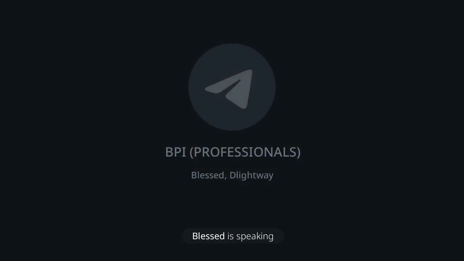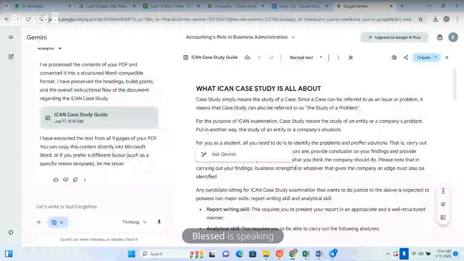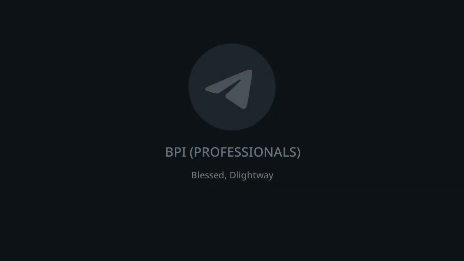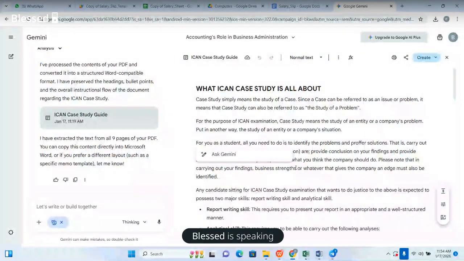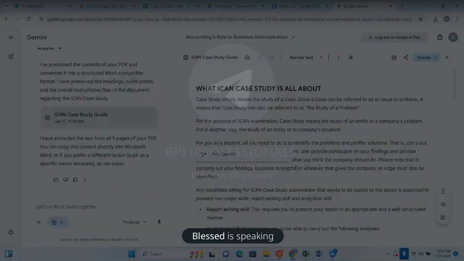Honestly speaking, once you can follow the guideline, you are good to go. Once you can write reports, case study is majorly on report writing.